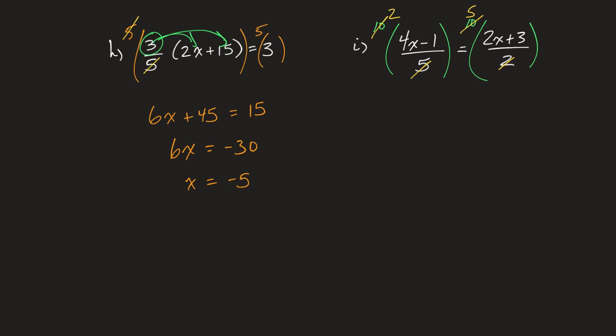Now, I'm just going to write one more line in. This would not need to be a part of your solution, but we may just get further confirmation for why, when we have one fraction equal to another fraction, we can just cross multiply.